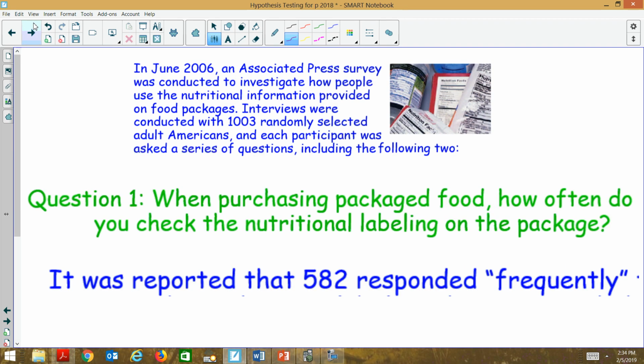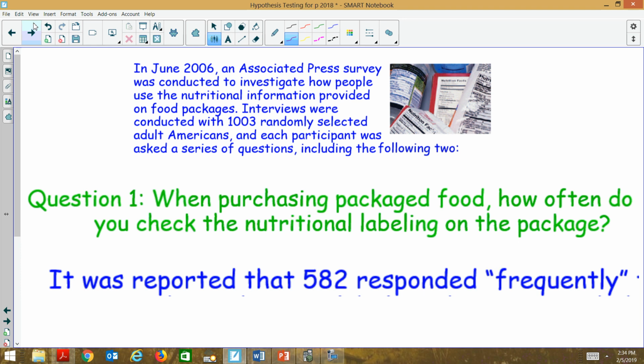So let's go through the following example in order to figure this out. In June 2006, an Associated Press survey was conducted to investigate how people use nutritional information provided on food packages. Interviews were conducted with 1,003 randomly selected adult Americans. Each participant was asked a series of questions, including the following two. I give you just one of the questions here.